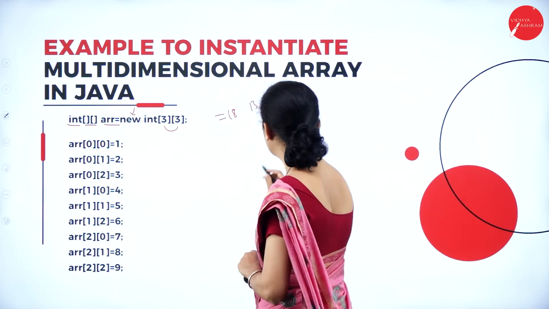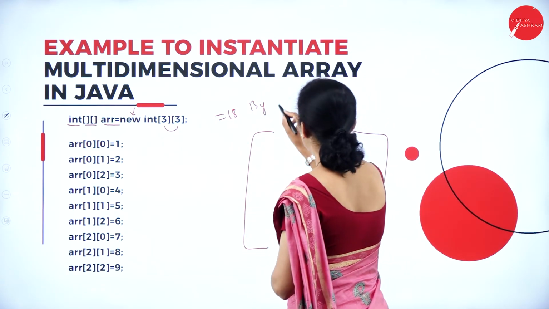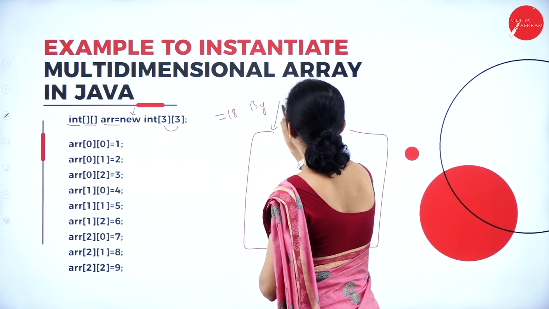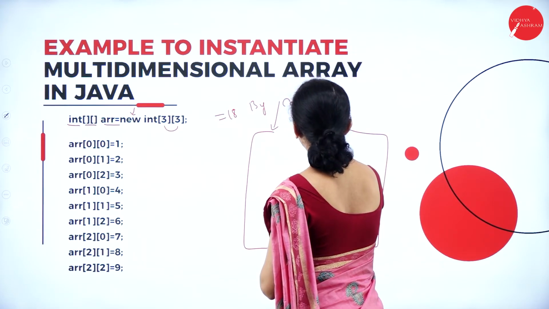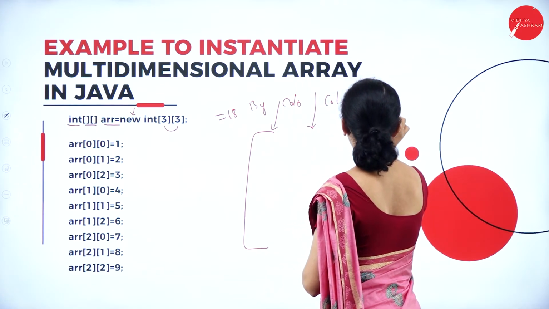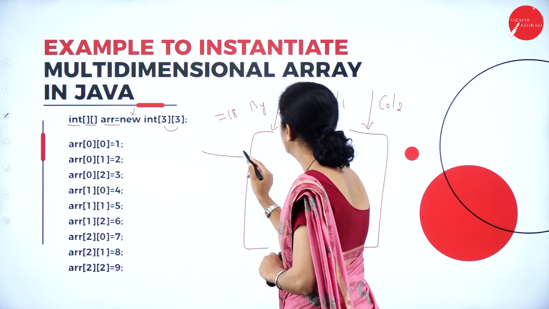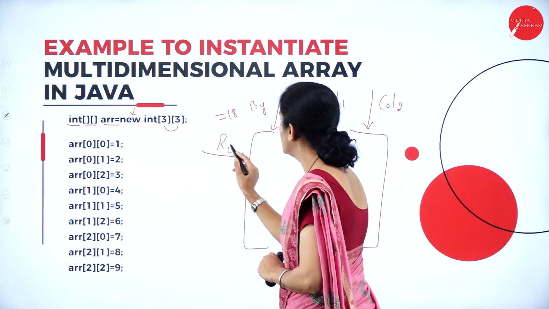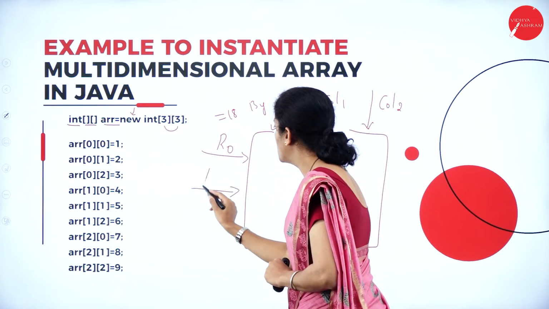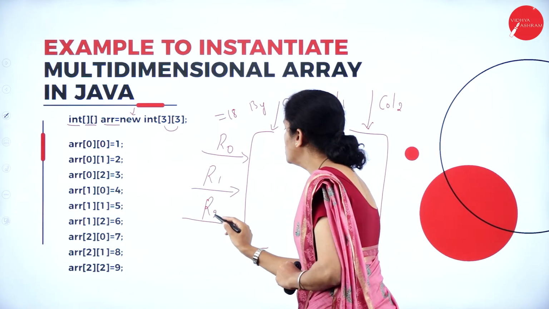And if I consider a 3 cross 3 array, how many columns do I have? Column 0, then I have column 1, then I have column 2. Here, row 0, row 1, and here it is row 2.